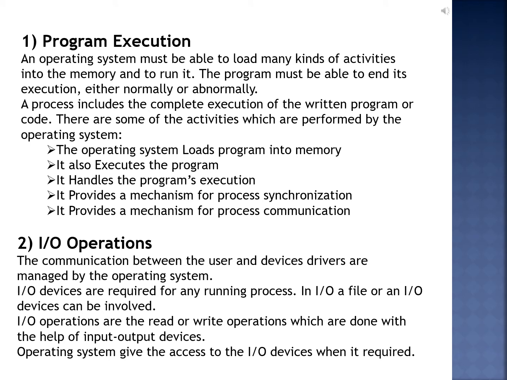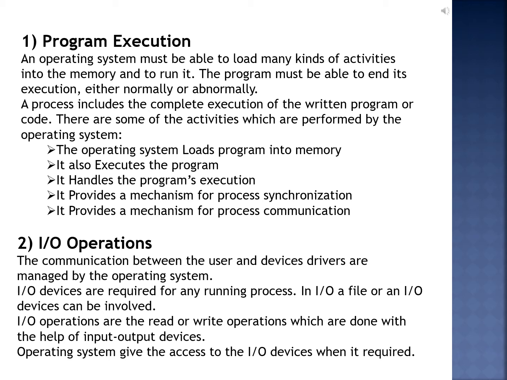An operating system must be able to load many kinds of programs into memory and to run them. A program must be able to end its execution either normally or abnormally.